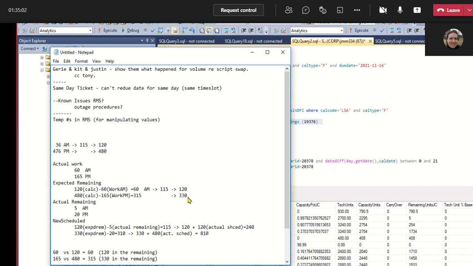That we can get, but after getting the AM and PM numbers, to get the new scheduled numbers, I'm not getting any formula here.